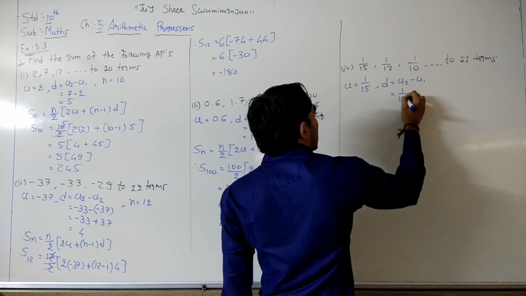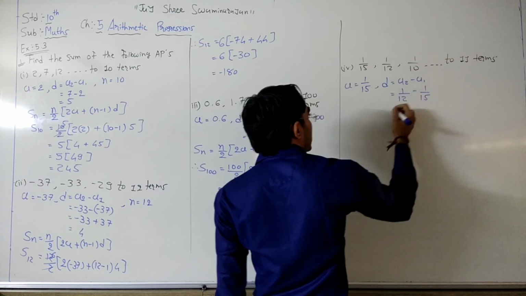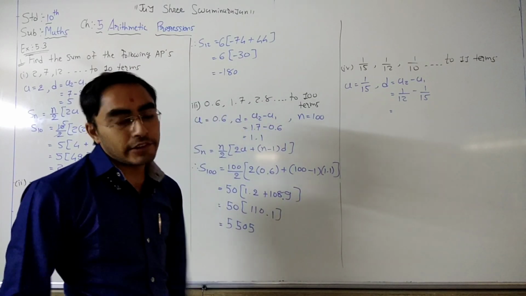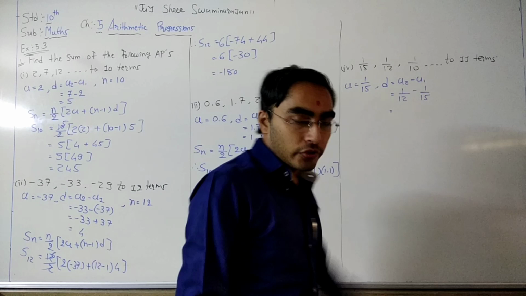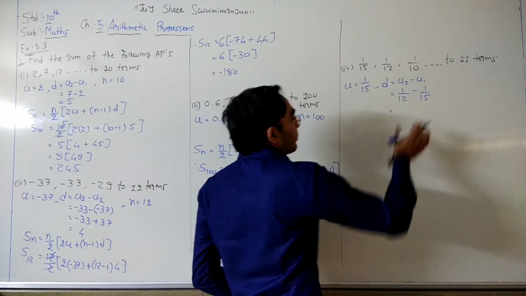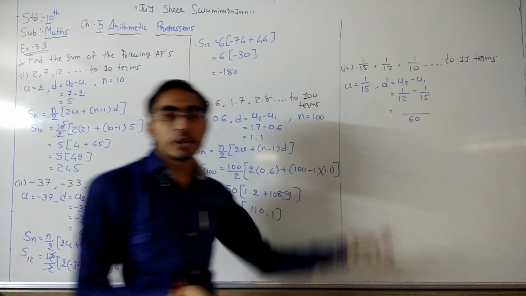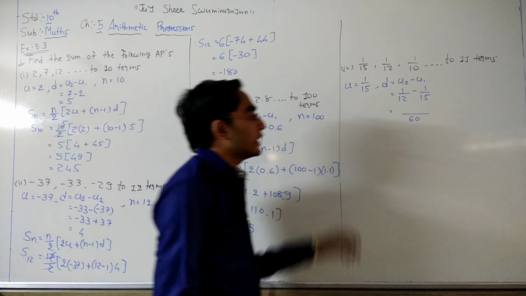Second term 1 by 12, first term 1 by 15. Now here we need to take the LCM because the denominator is not the same, right? So the LCM of 12 and 15 is 60, because 12 5s are 60 and 15 4s are 60, right?